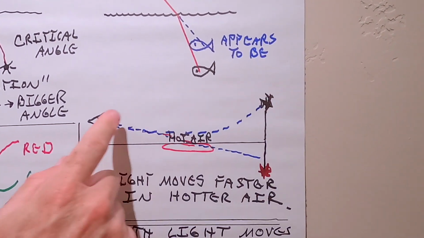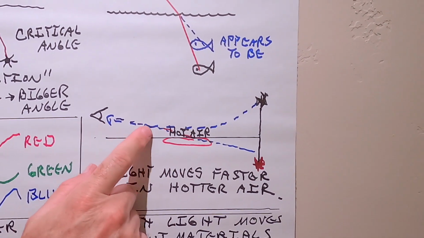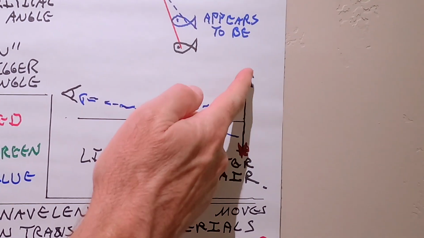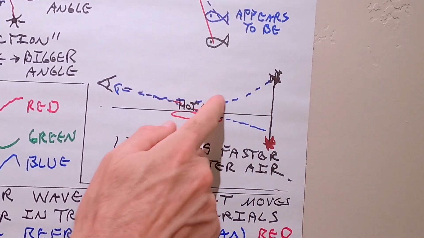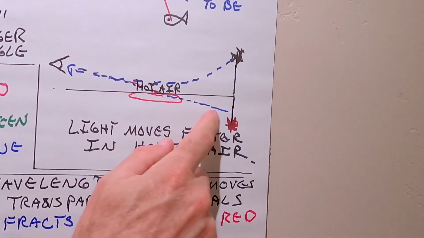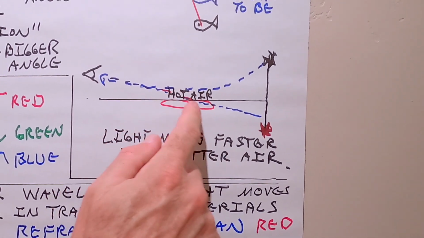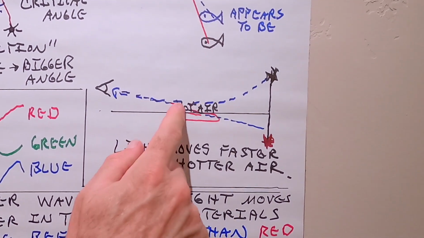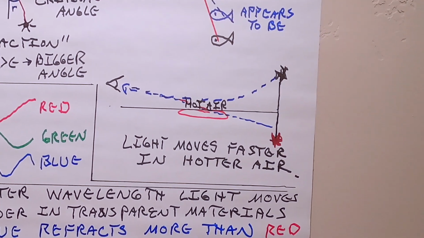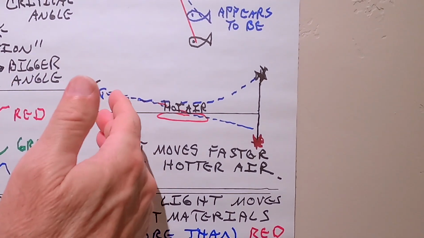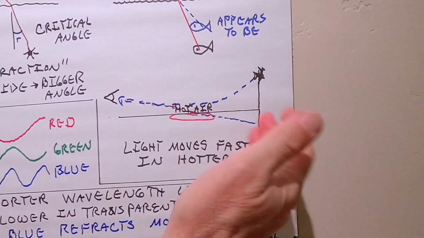So light says, I can get to your eye a little bit faster if, instead of going in a straight line, I make this little dip and then come back up. So I don't see this tree, if there's some tree or some mountain out there, I don't see it up there, I see it over here. So I kind of see the reflection. And that's exactly what a puddle of water would do. You almost think there's a puddle of water halfway between you and some distant object. And as you get closer, you never get any closer to it, because it's always halfway in between. You'd never get there.